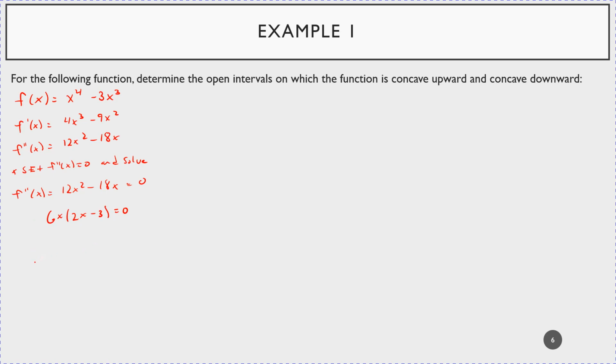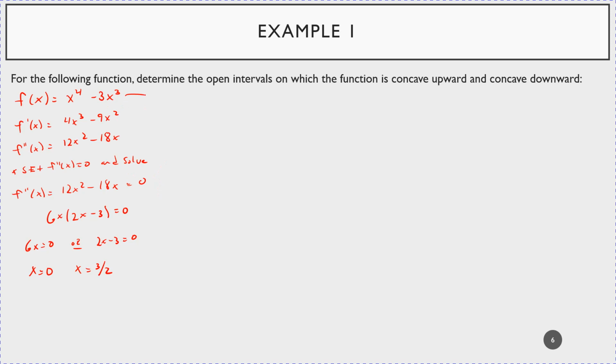Then you use the zero product principle: either 6x is equal to 0 or 2x minus 3 is equal to 0. So x is equal to 0, just divide by 6. Here, add 3 over and divide by 2. You have another x value, x is equal to 3/2.